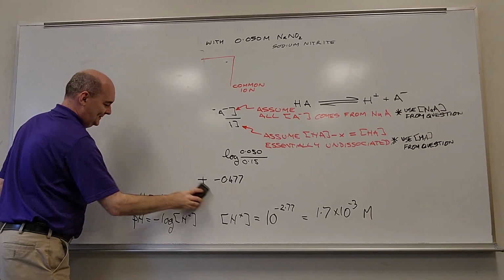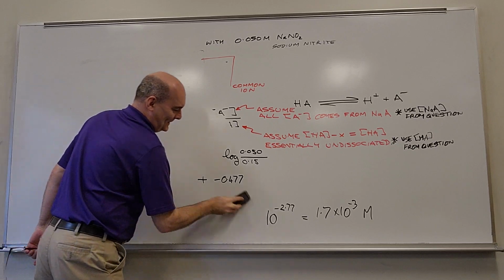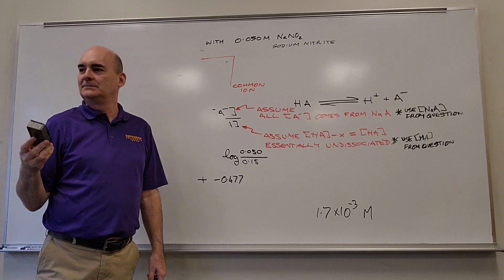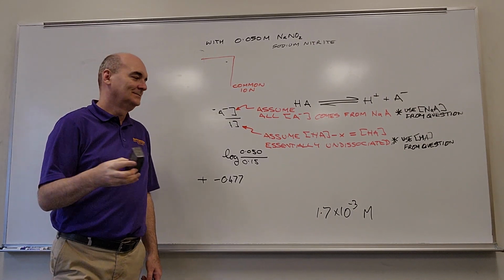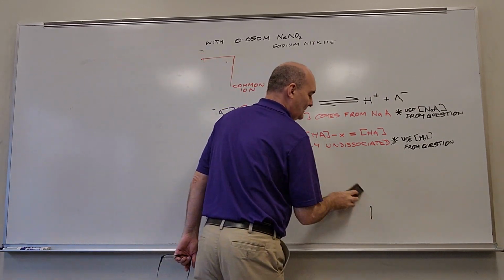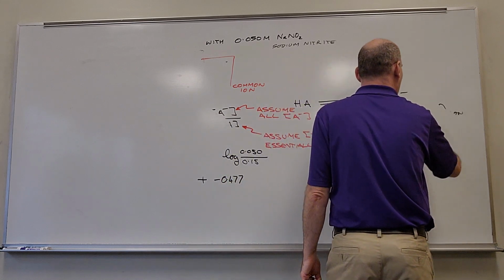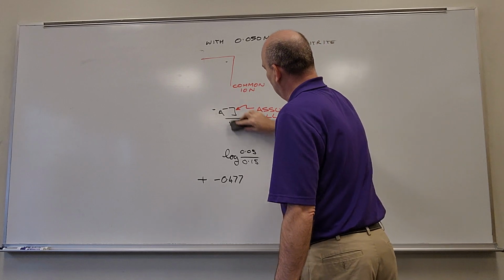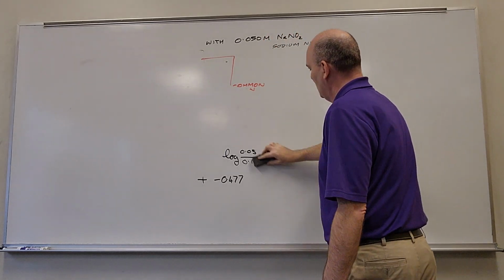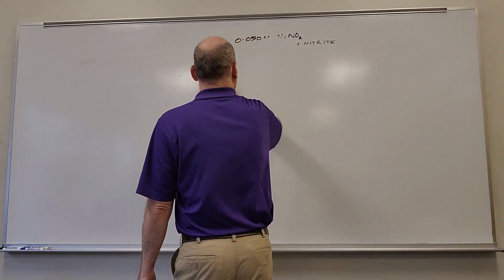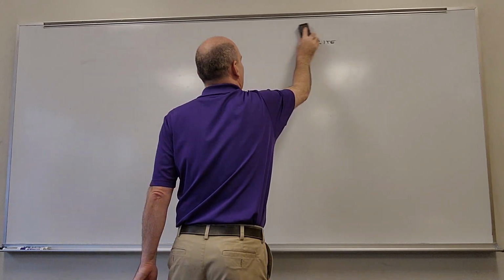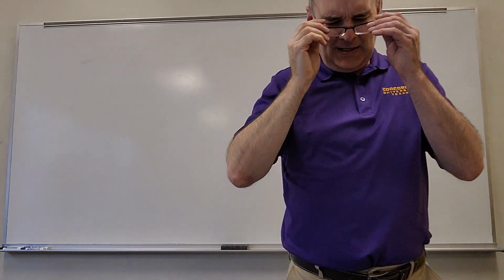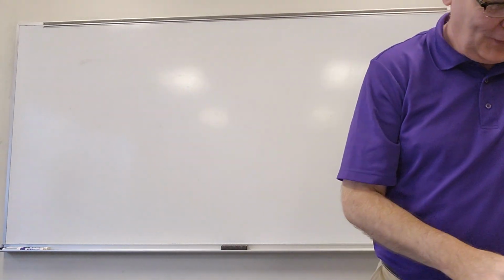What if, instead of that being a weak acid, it was a weak base? Oh, wait, are you gonna do like KBs or KAs? Yes. The thing is, when you go and you look these things up, you go looking for a table.